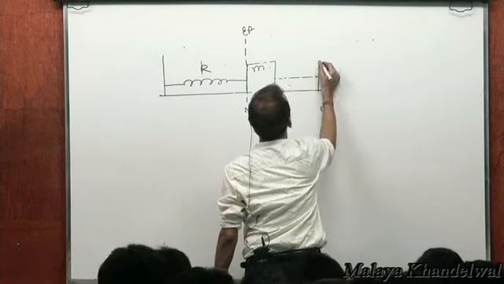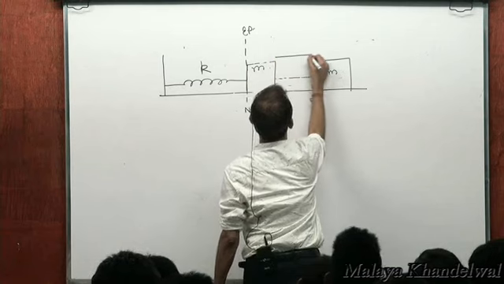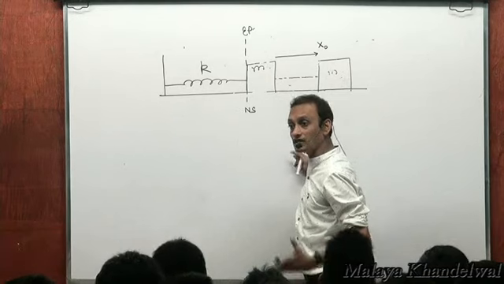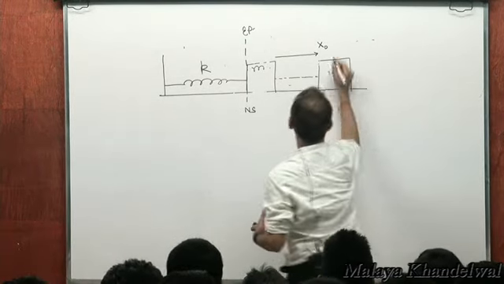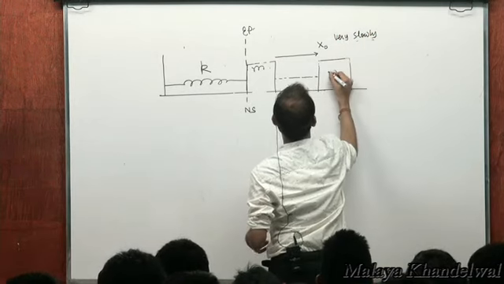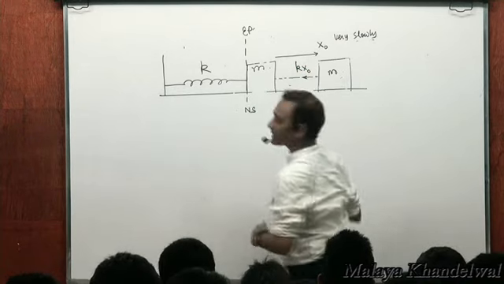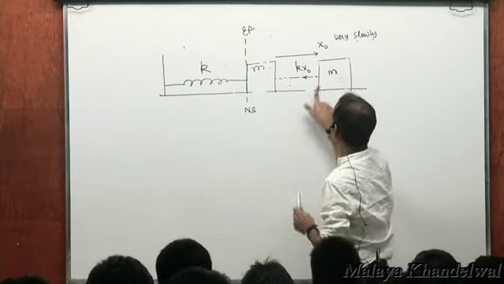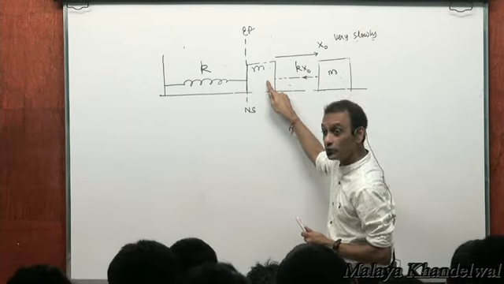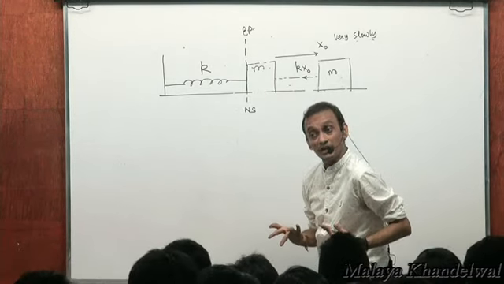Now, if very slowly I pull the mass to the right by a certain amount x naught, very slowly, then the spring exerts on the mass a force kx naught, which is proportional to the displacement x naught of the mass from the mean position or the equilibrium position. Therefore, you can conclude that the motion is simple harmonic.